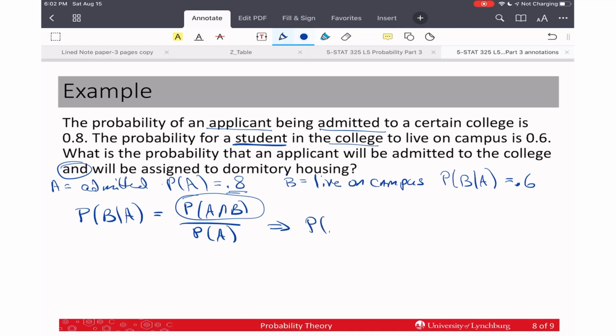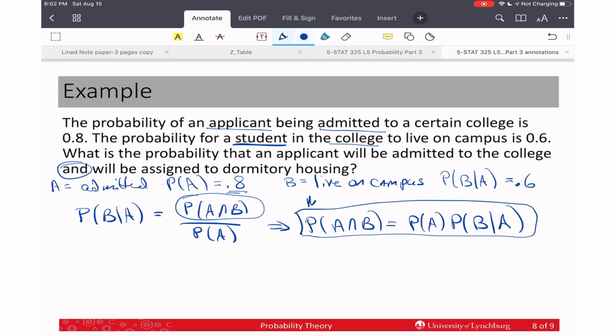So I'm going to write it as the probability of A and B is equal to the probability of A times the probability of B given A. This is called our multiplication rule.